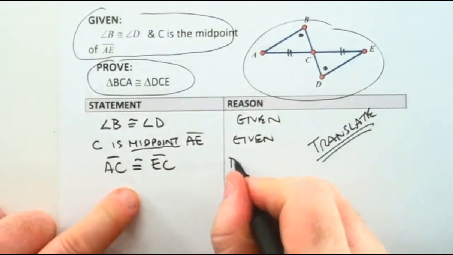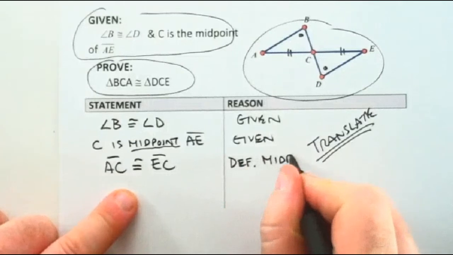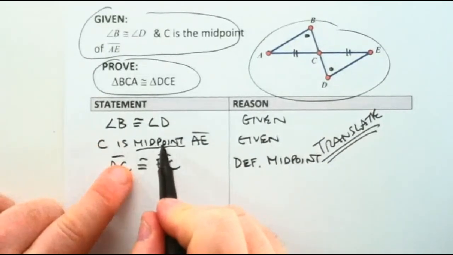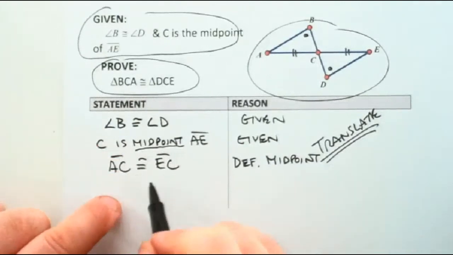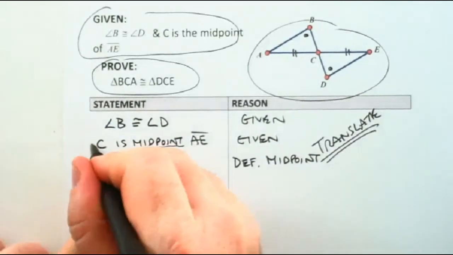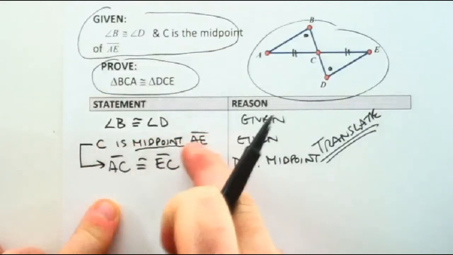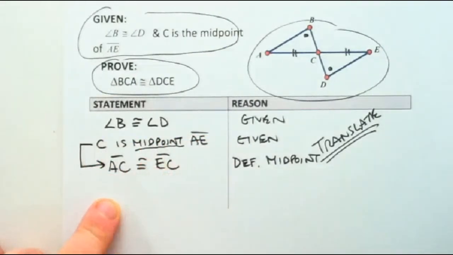And the reason I knew that is because that's a part of the definition of a midpoint. In other words, the fact that you told me it was a midpoint allows me to know that then, oh, those pieces had to be congruent. Always translate word descriptions into physical things about angles and sides.